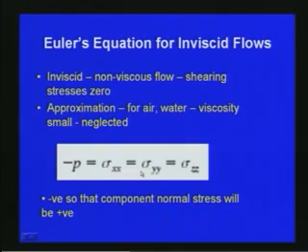As far as normal stress components are concerned, it will generally be the pressure acting on the fluid element in the x, y, z directions, so we can approximate as minus p is equal to sigma xx is equal to sigma yy is equal to sigma zz.